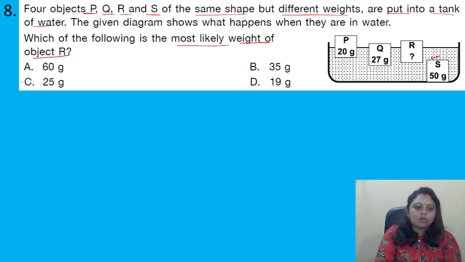Among the given options, option C, that is 25, is between the mass of P and Q. So option C is the correct answer.